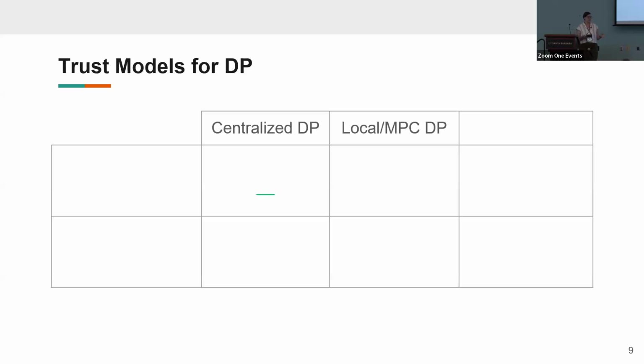So to contextualize this work, I'll go through the existing trust models for differential privacy and then the one that we use in this work. What I've just described to you is the standard centralized DP setting, where we have a trusted curator. There are also some settings that consider a non-trusted curator, such as local differential privacy and multi-party computation approaches to differential privacy as well.